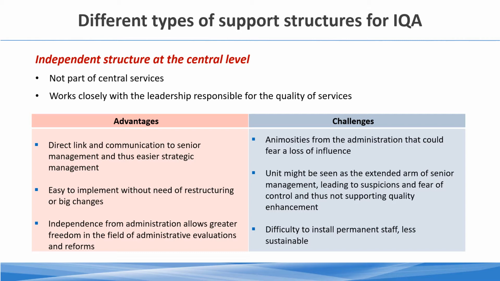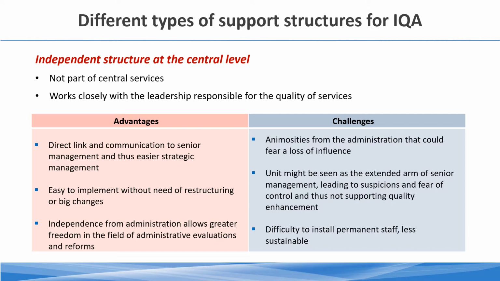This structure has the advantage of directly linking leadership and strategic management. Communication between these 2 aspects of management is therefore much easier. This structure is also easy to set up, as it does not require any restructuring or major changes. Independence from the administration allows this type of structure to have more freedom to perform administrative evaluation and reform.